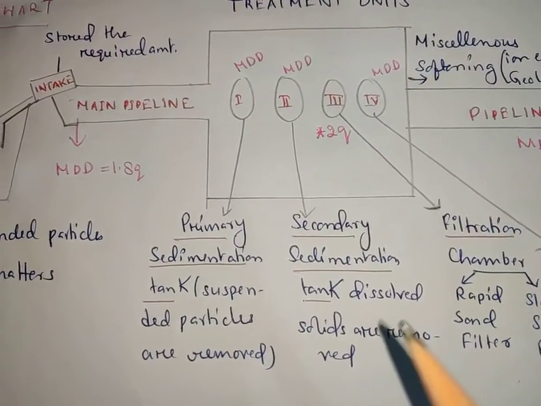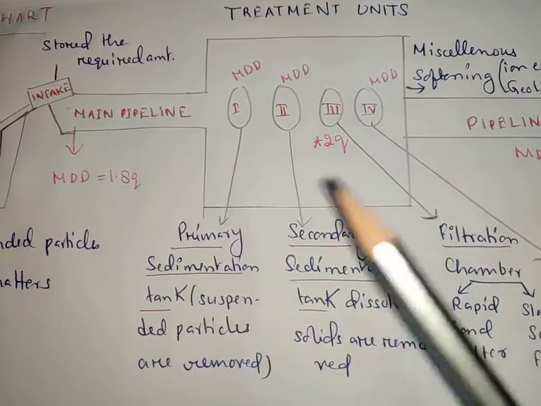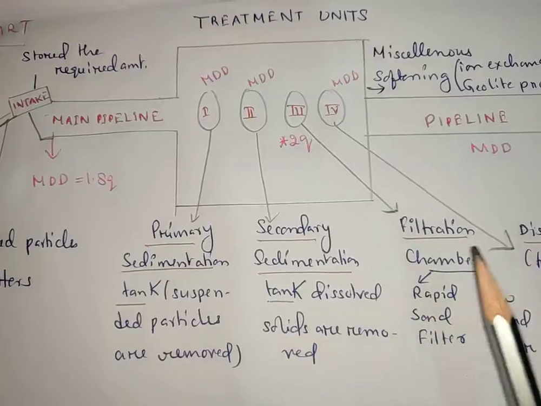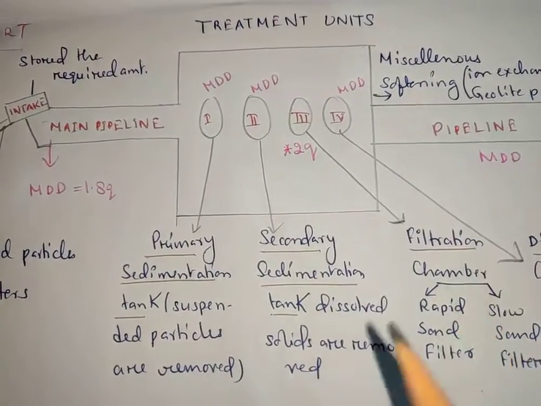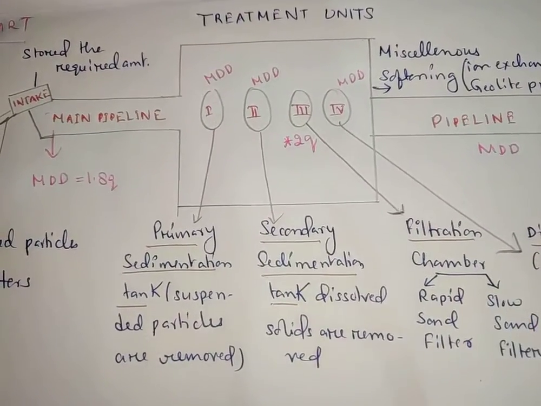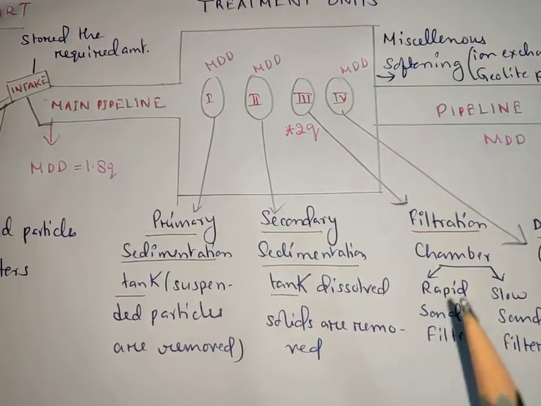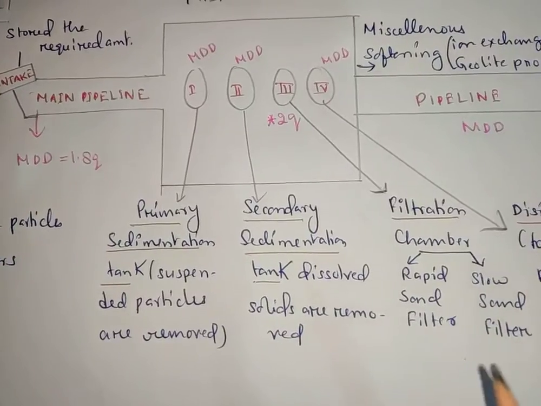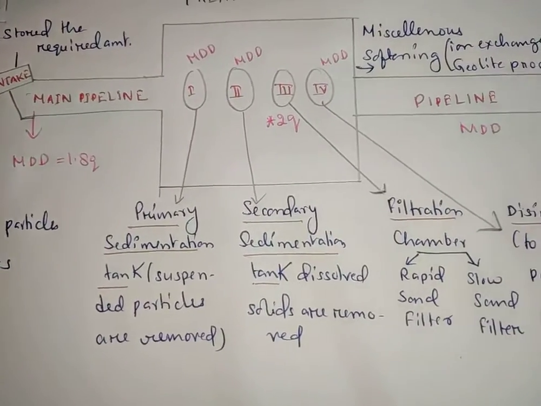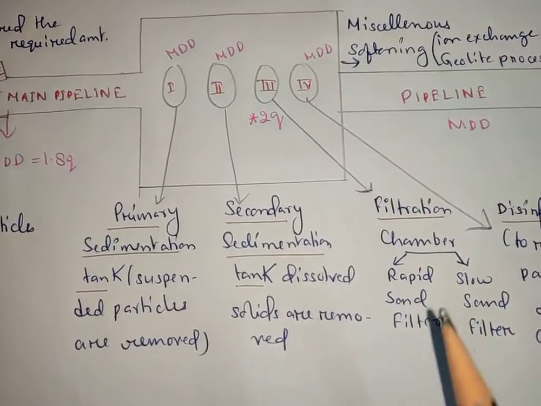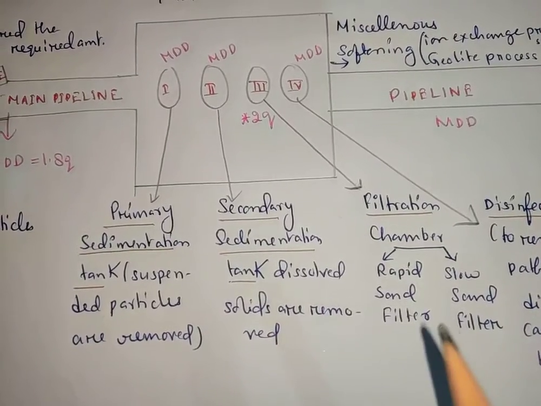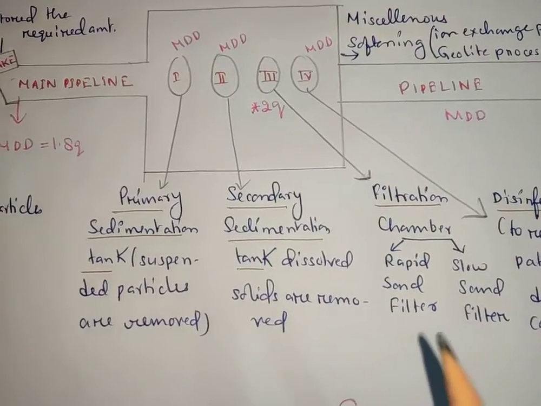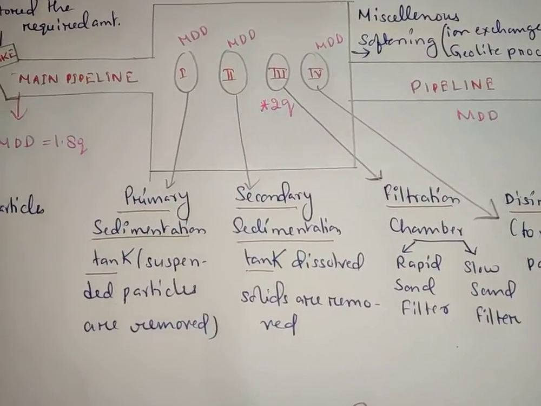Then in the third section, the filtration chamber, it is done through 2 processes, either a rapid sand filter or a slow sand filter, depending on the requirement. If the requirement is more, we go for the rapid sand filter, or if it is not more, we go for the slow sand filter, also depending upon the cost.